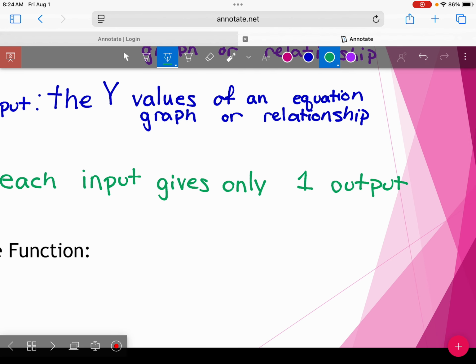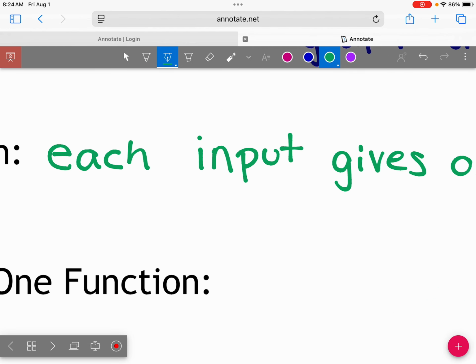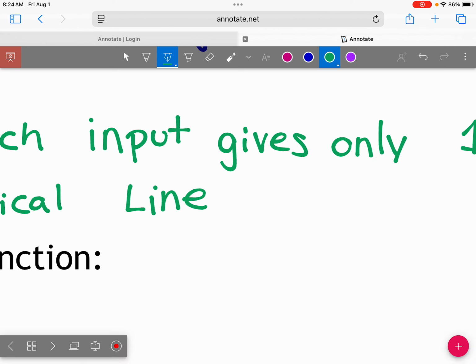And the way that we're going to test this when we start looking at pictures and stuff is we're going to use something called the vertical line test. So I'm going to put that here, and I will show you when we get to the graph what that's going to be. So this is how we test for this.